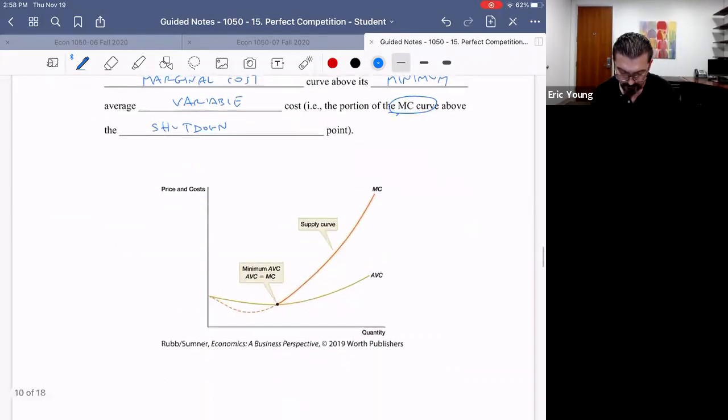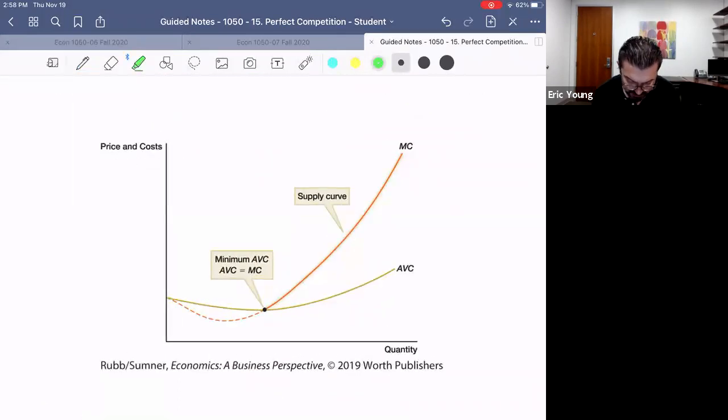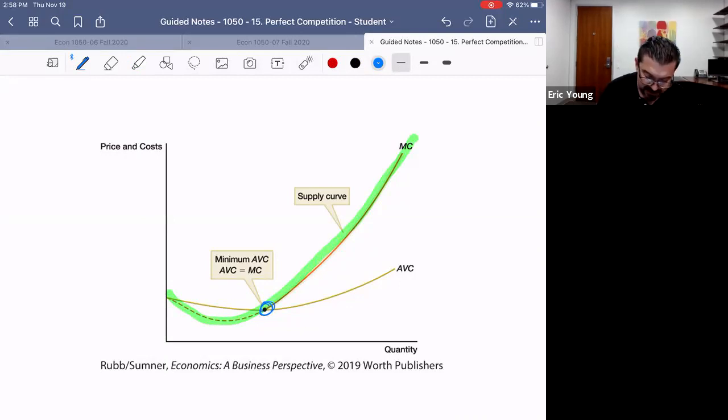And here you see it. Let's do a little quick hit on this. We'll use the highlighted green to reflect the MC curve. We know that the firm will determine what to produce by setting P equal to MC. So the MC curve determines the output. The MC curve determines the supply. But we also know that the firm will only produce above the shutdown point, above the minimum AVC.